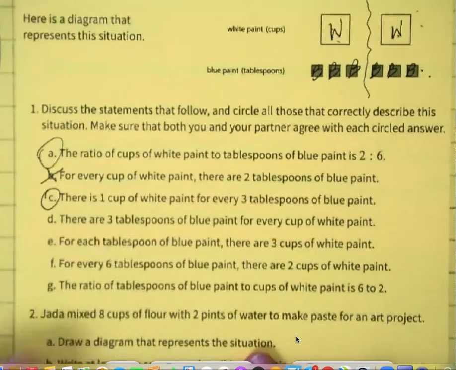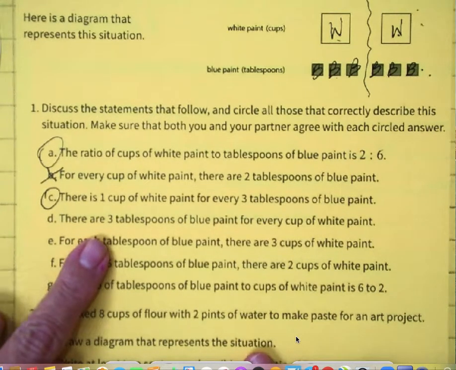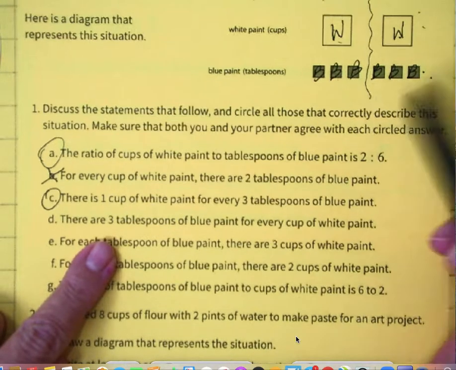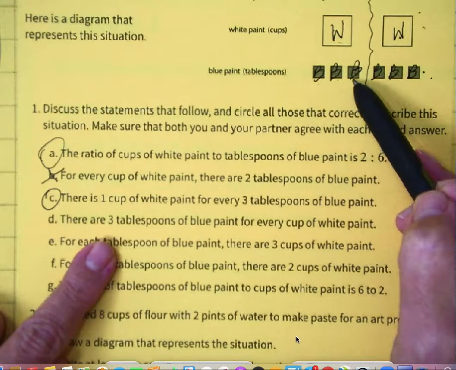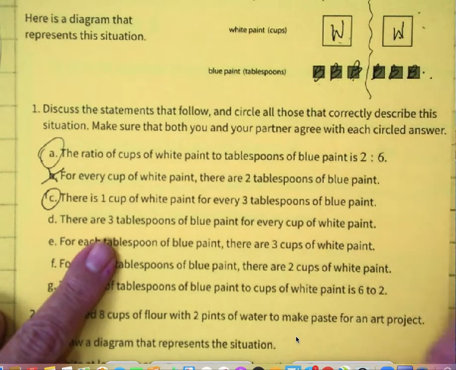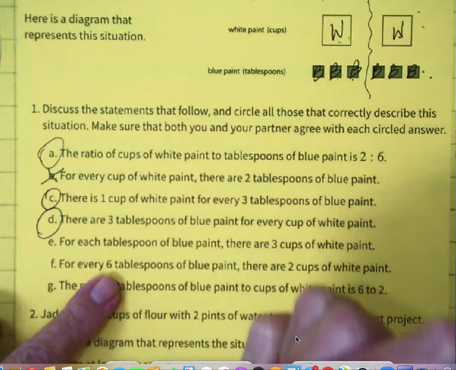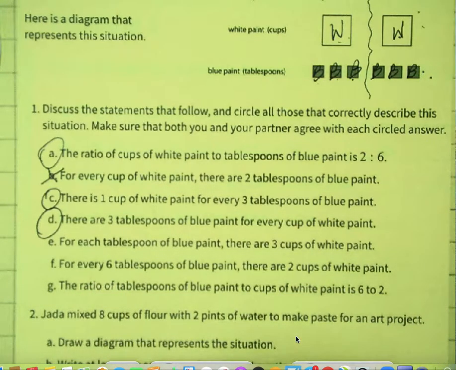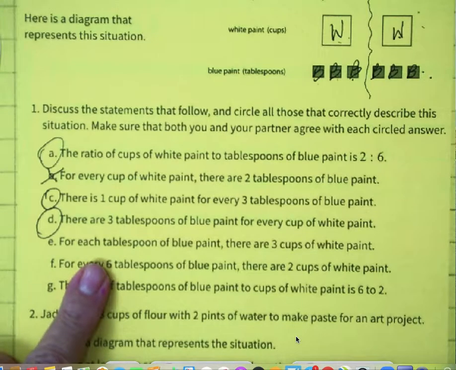How about D? There are 3 tablespoons of blue paint to every cup of white paint. Is that correct? Yes, it is. E, how about E? For each tablespoon of blue paint, there are 3 cups of white.